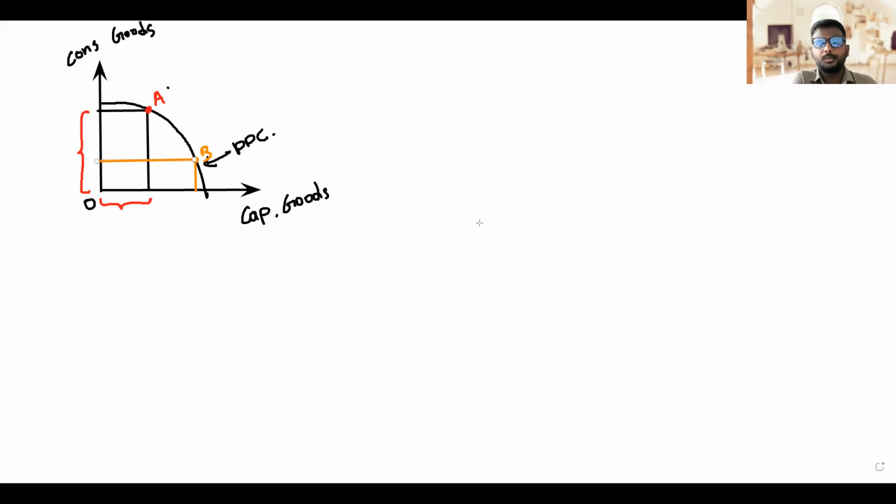B. What is the logic behind that? Why are they seeing a higher growth potential if they produce more capital and less consumer goods? Why do you think it's happening like that?